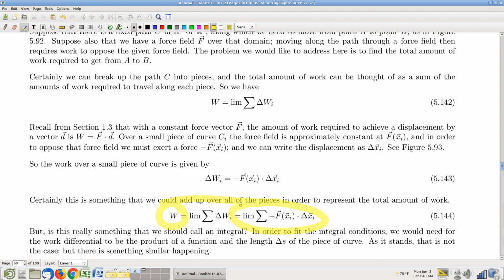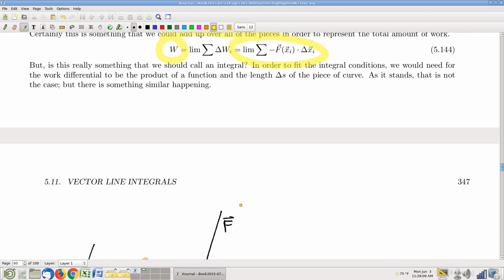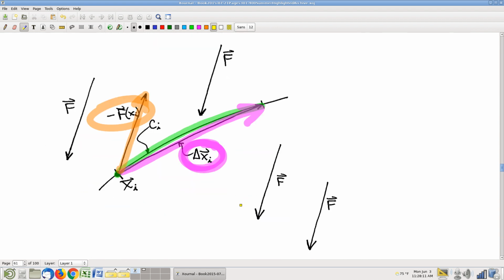Here you can already see the difference happening. Very importantly, in this summation I don't have something multiplied by size exactly. This isn't something times delta S, it's not something times length. Work is not just something times distance. It is a dot product.